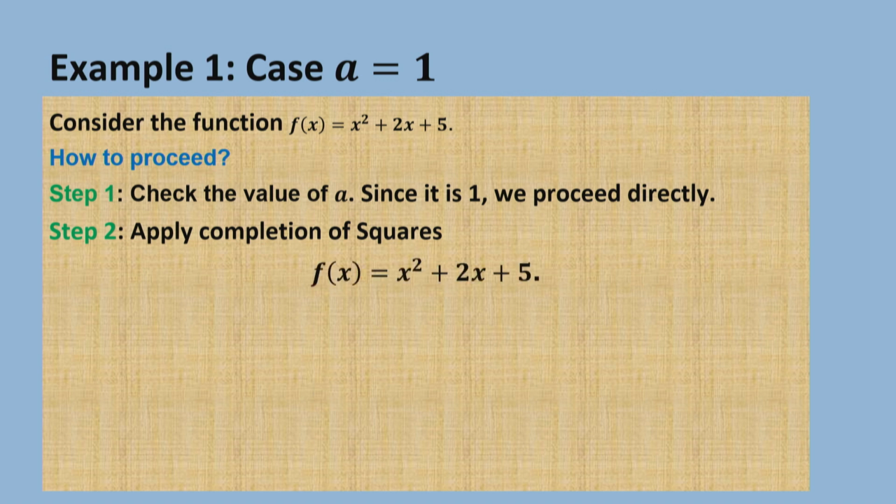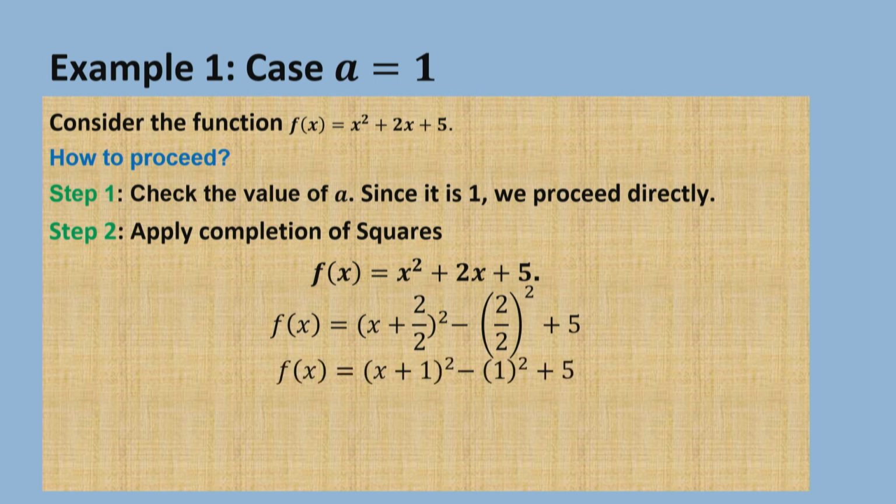Now, we are given the function x squared plus 2x plus 5. The first step is you take the coefficient of x, that is 2, and you divide it by 2. So that will be x plus 2 over 2. You square it and you subtract this value to the square. That is 2 over 2 to the square. Remember to put the positive constant, plus 5.